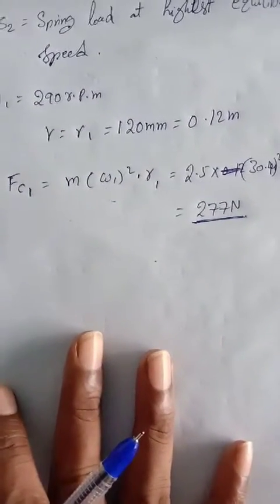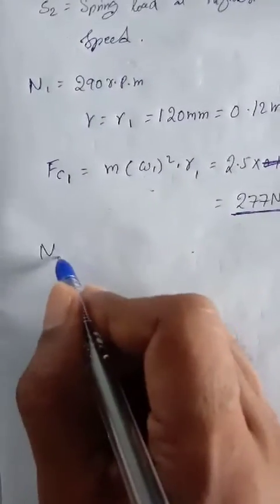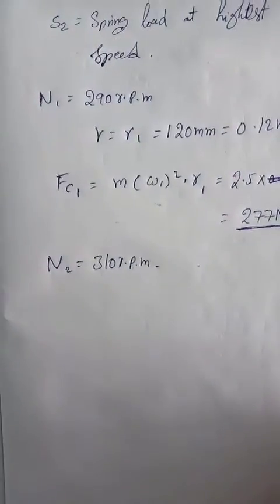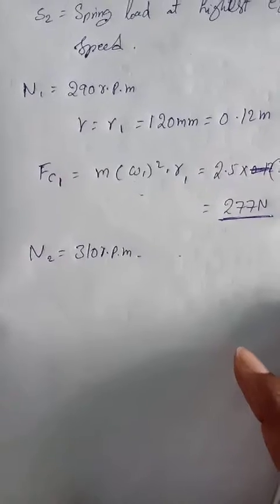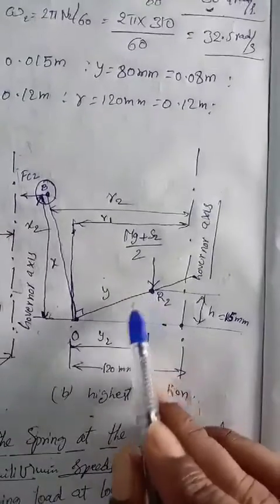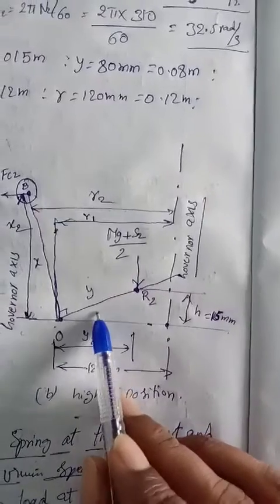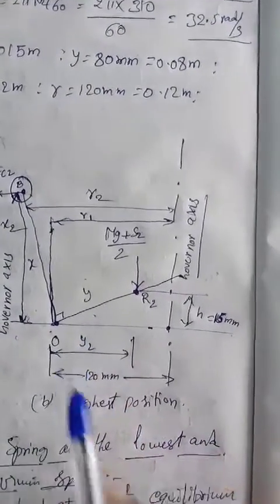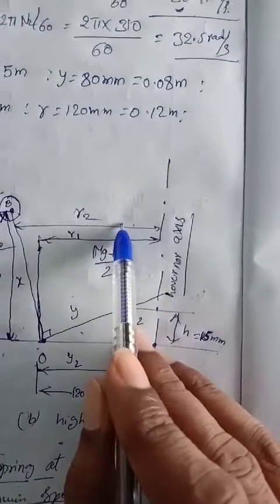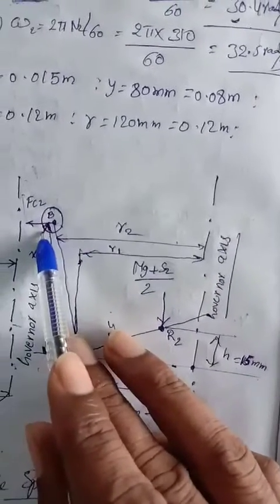Now let us find the radius of rotation at the highest equilibrium speed, that is N2 equal to 310 rpm. The position of the ball and sleeve arm at the highest equilibrium speed is shown. Let r2 be the radius of rotation at N2 equal to 310 rpm.